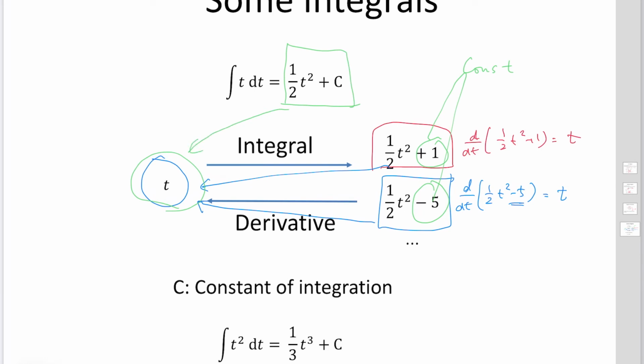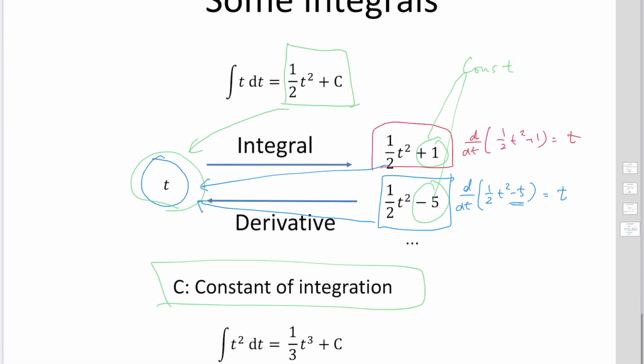Then to find the integral, we go in the opposite direction. The integral of t with respect to time has to be expressed as 1/2 t squared plus c. c is any constant value. We call it the constant of integration.